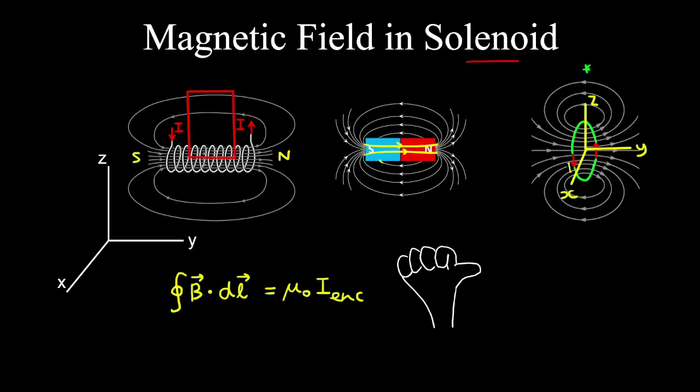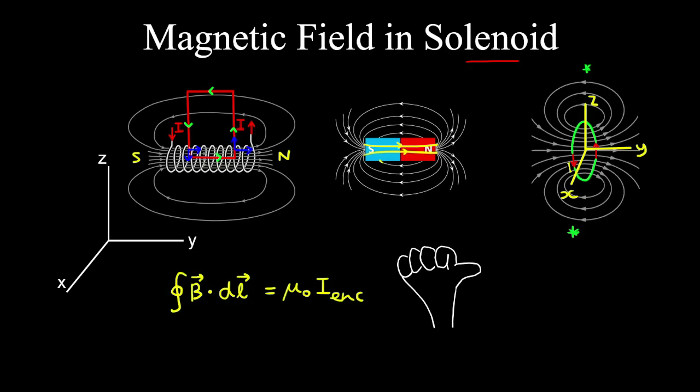So if we travel in the direction of the magnetic field, which can be determined by the right hand rule, as we did for this single loop of wire, we can see the dot product between the magnetic field vectors on this perpendicular edge of the loop and the differential length vectors along these edges of the loop is 0.